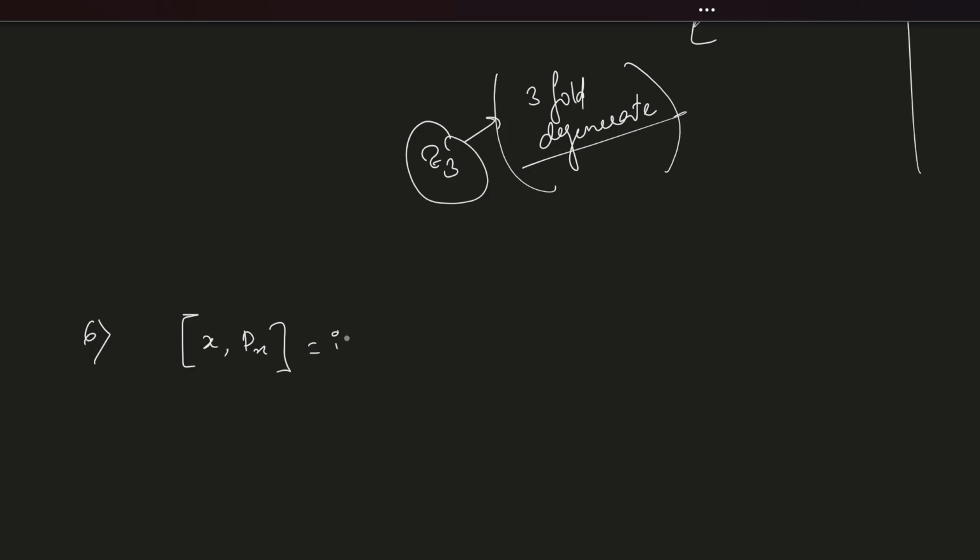Because they are very common canonical momentum and position operators, they have this basic rule that their value is known standardly, so you don't even have to calculate to get them. This is i h cut, which is clearly a non-zero value.